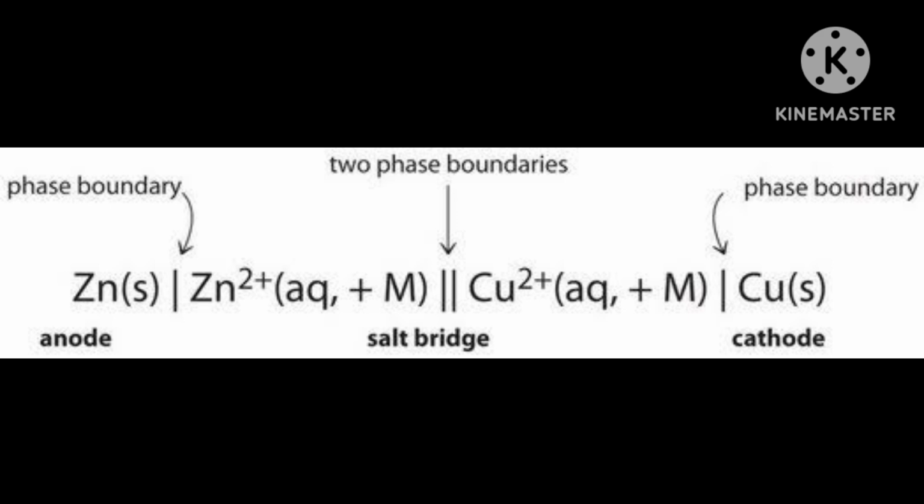In real practice, the calomel electrode and the silver electrode are used. These are the reference electrodes, both are reference electrodes. If you want to know others, then in comparison to either calomel or silver you can know, because calomel or silver, any one can be used as a reference electrode, and with respect to this, other electrode potentials you can know.